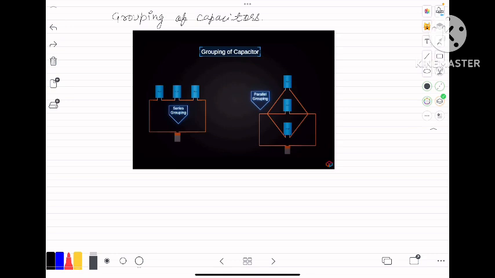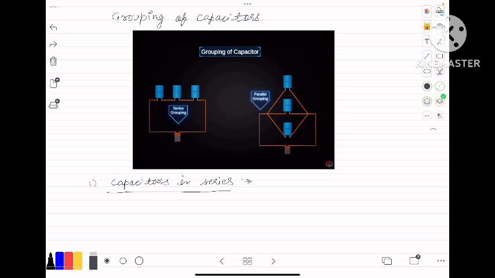One is capacitors in series and the other is capacitors in parallel. So the first one is capacitors in series, or series grouping of capacitors.